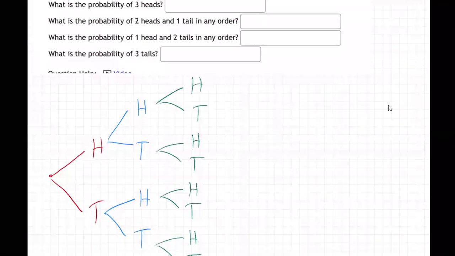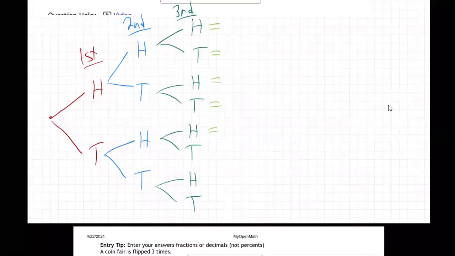All right, so this is the third flip. Back here is the second flip. Back here is the first flip. And then after all that, we've got the results of all these flips.